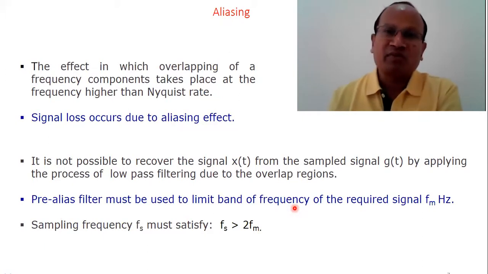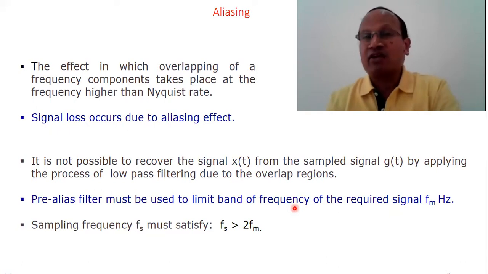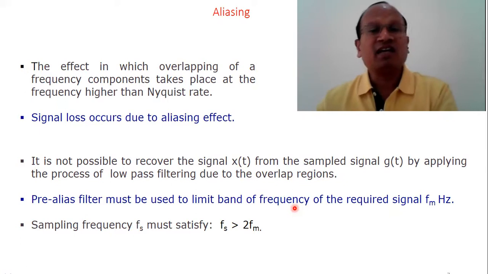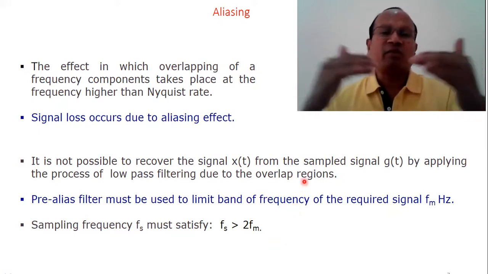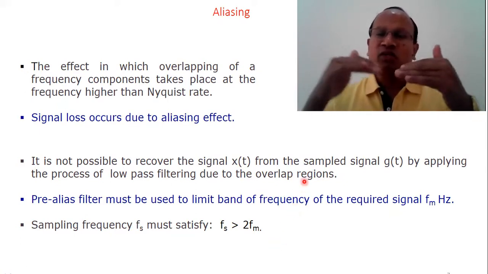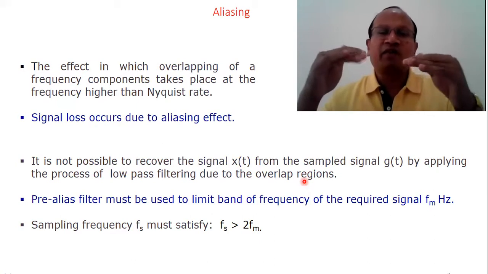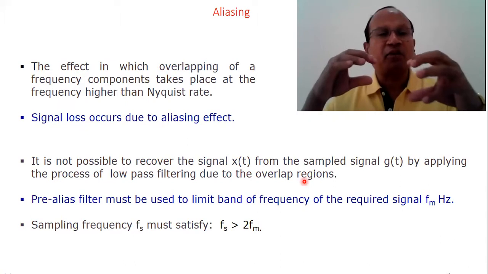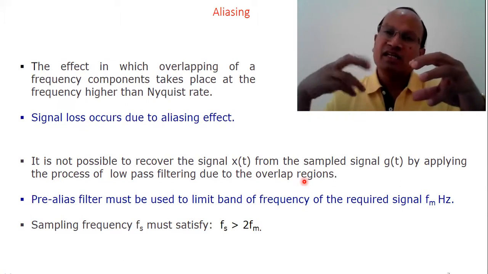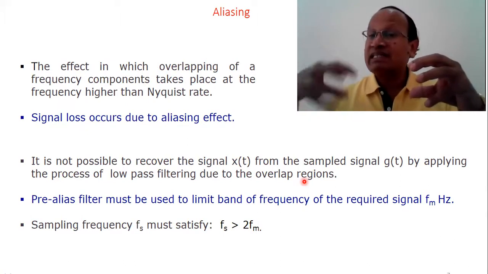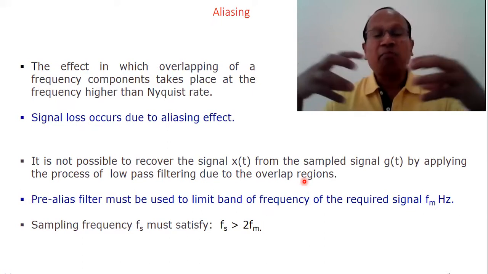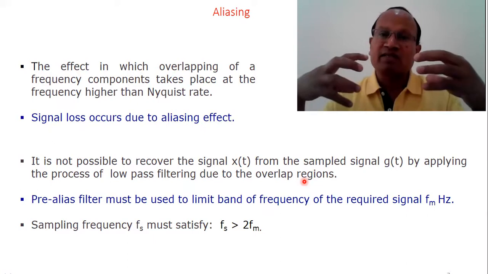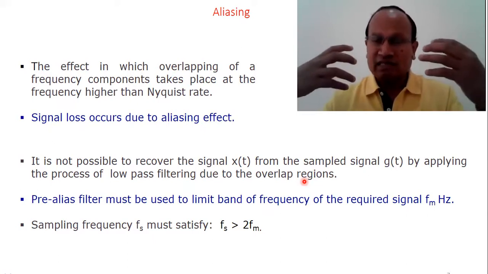If the sampling theorem is not satisfied, there will be aliasing. What is aliasing? Aliasing is the overlap between two adjacent components when the frequency is less than twice fm. The spectral components of the first signal and the spectral components of the adjacent channel may interfere and overlap, and that overlap causes distortion in the system.